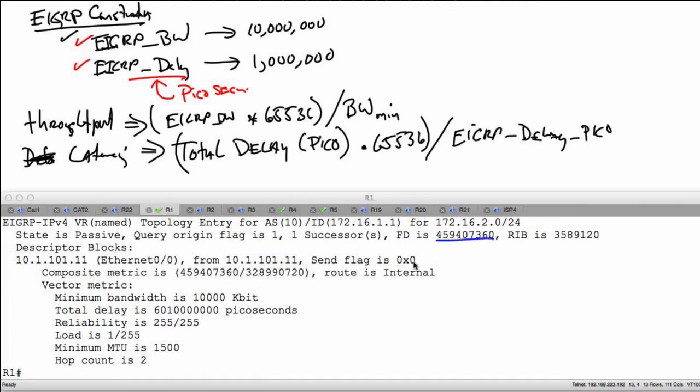So right now we see that we have a metric that's going to be set up for the loopback interface of R2 of 172.16.2.0/24, and that metric is 459,407,360.